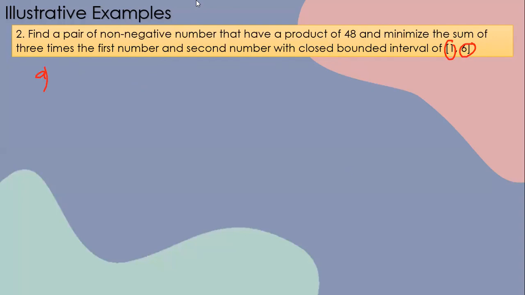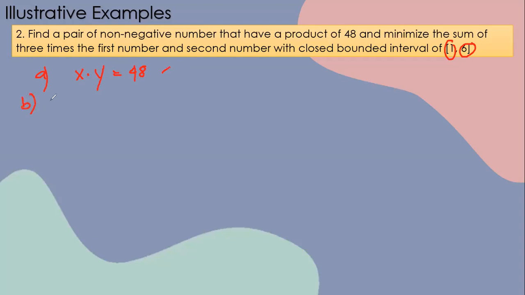So transform natin yung mathematical equation. Okay? So sabi dito, hanap daw tayo ng dalawang non-negative number na ang product ay 48. So for example, x tsaka y. X times y. Okay? Yun yung dalawang non-negative number na pag minultiply ang answer ay 48.